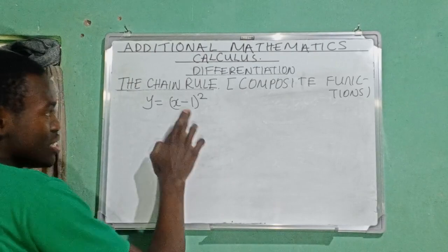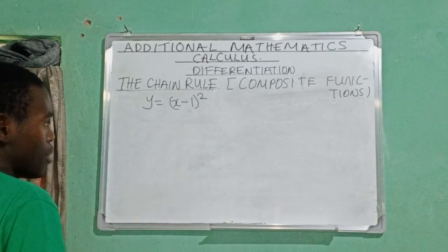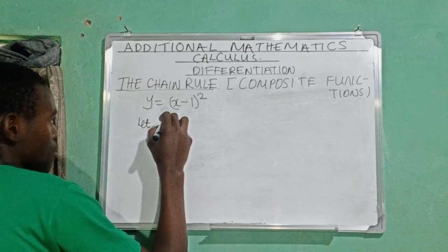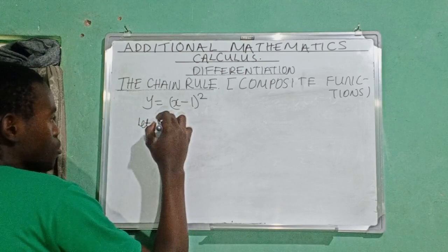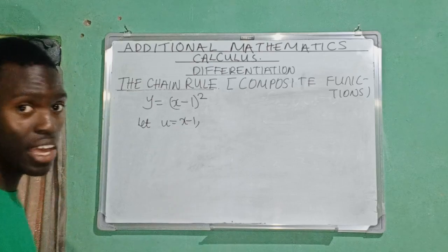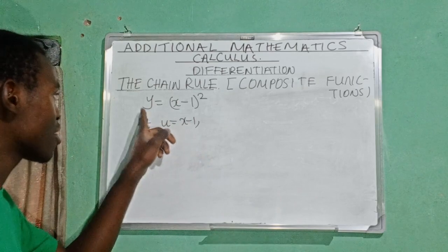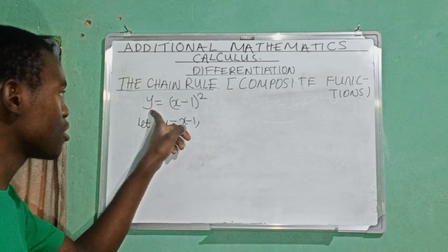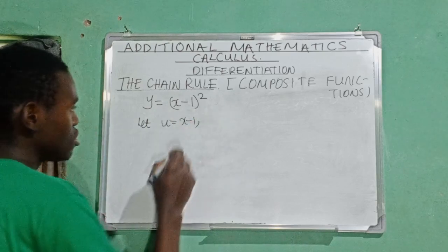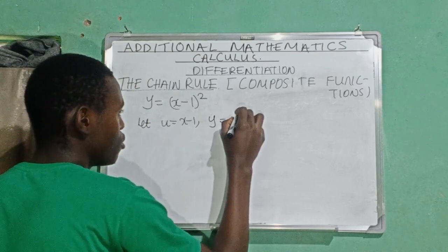You let what is in the brackets be equal to u. So you say u is equal to x minus 1, and then y is equal to whatever has remained. Since we have said this is u, y is equal to u squared.